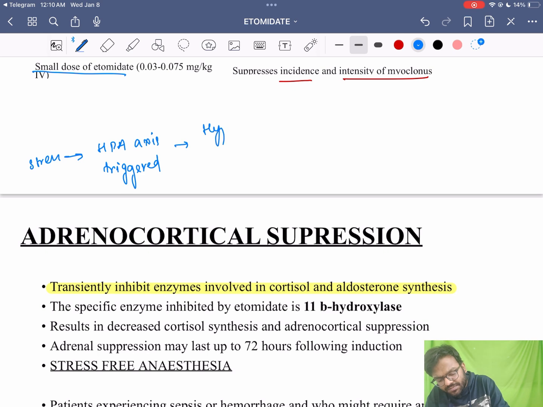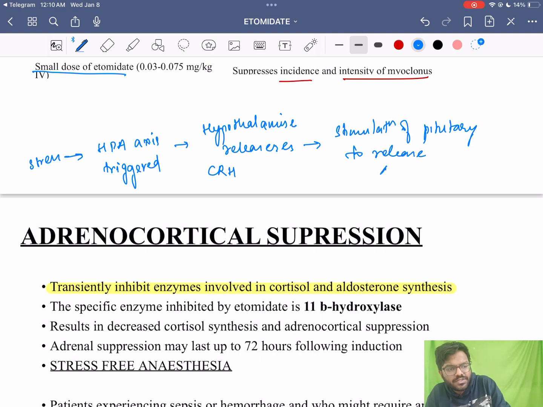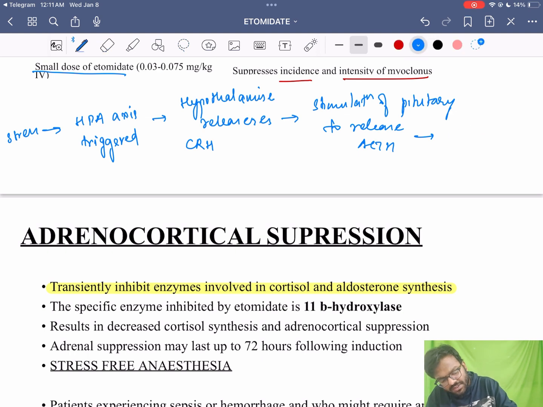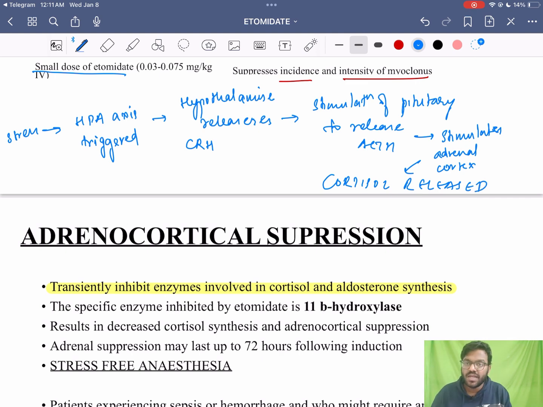The hypothalamus releases corticotropin releasing hormone, that is the CRH, and this causes stimulation of the pituitary to release ACTH, and this stimulates the adrenal cortex, and cortisol is released. So this is basically a stress response in the body, the release of cortisol.